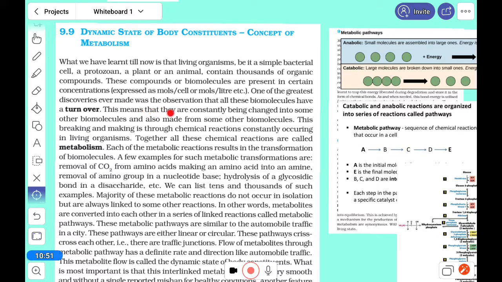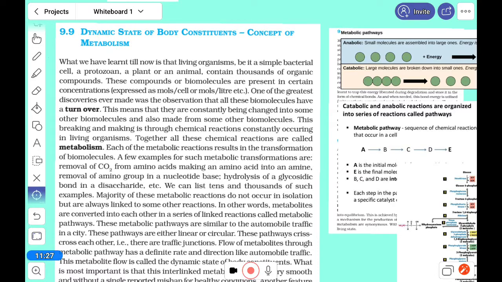This means they are constantly being changed into other biomolecules and also made from other biomolecules. This breaking and making occurs through chemical reactions constantly in living organisms. Together, all these chemical reactions are called metabolism. Metabolism is the total reaction in our body.